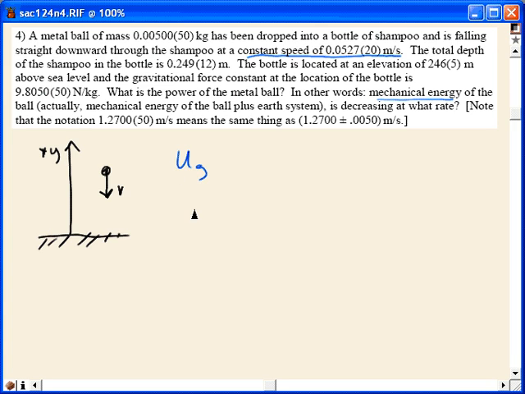So I'm interested in the power, which I can look at as the rate of change of the gravitational potential energy. Just rate of change of anything is the derivative of that something with respect to time.